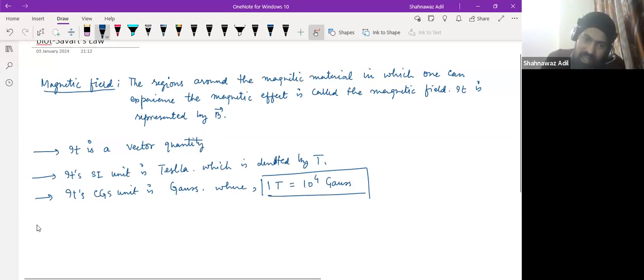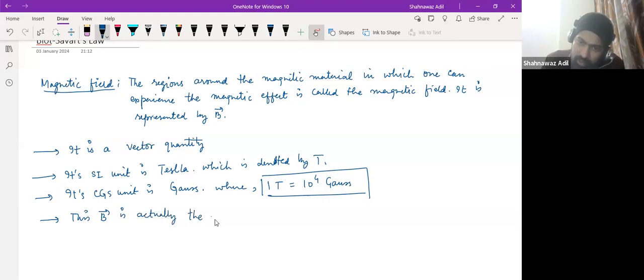Whenever they tell you this B, it is actually the magnetic field strength or magnetic field intensity.